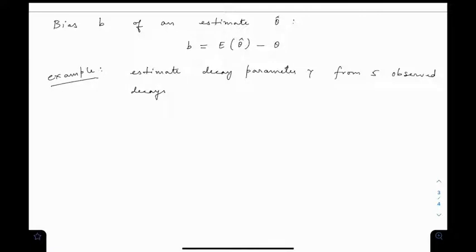The maximum likelihood estimate is the inverse of the average of the individual decay times. This was derived in a previous example. And the mean value t bar follows a gamma distribution.